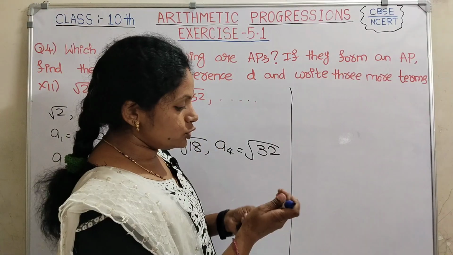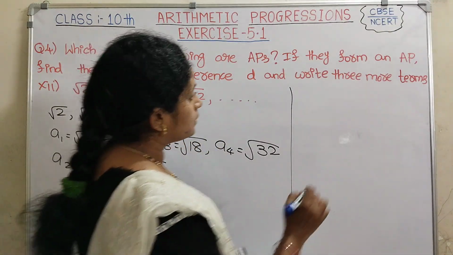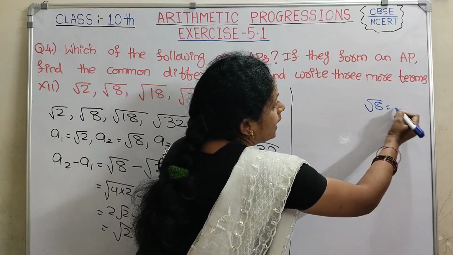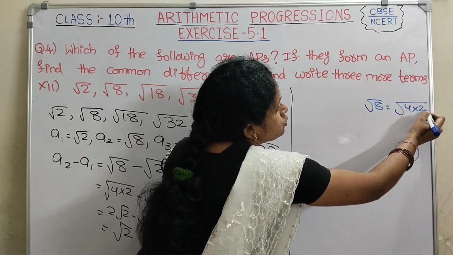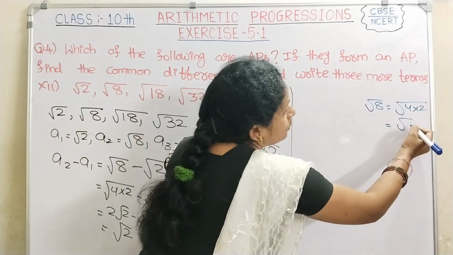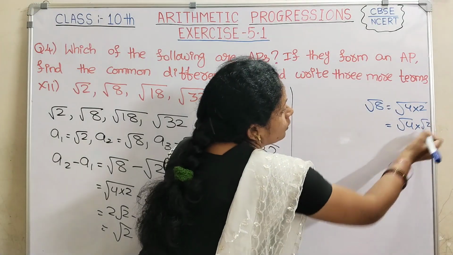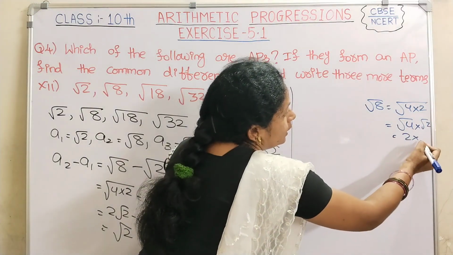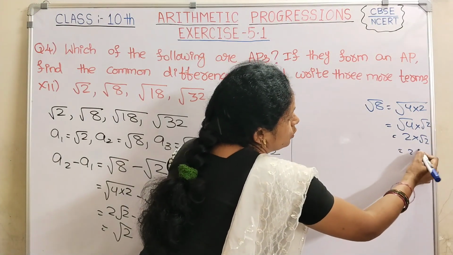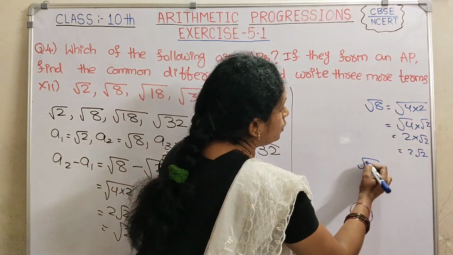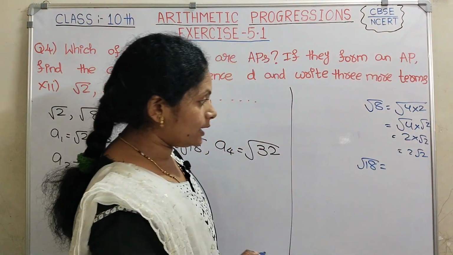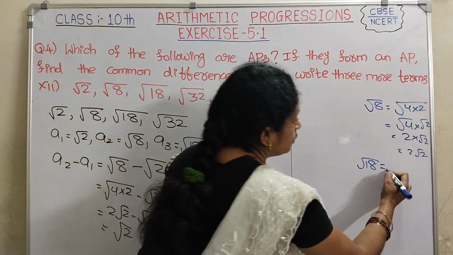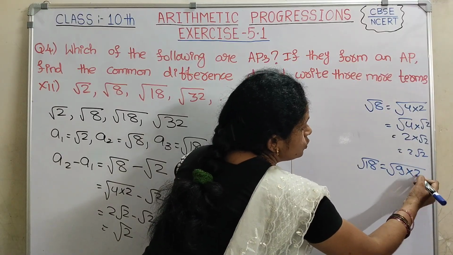Here I want to write this root 8 as root 4 into 2. Root 4 into root 2, this can be 2 into root 2, which is 2 root 2. Next, root of 18. Root 18 can be written as root of 9 into 2.